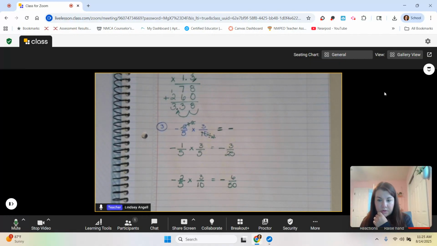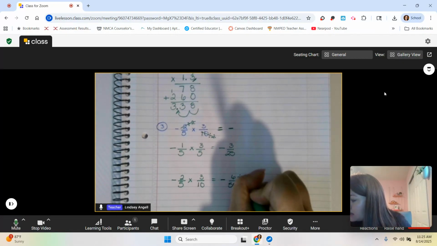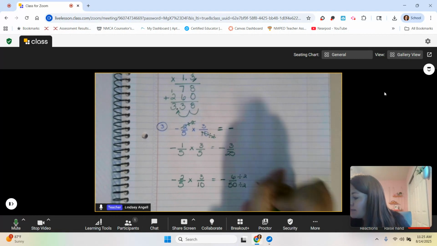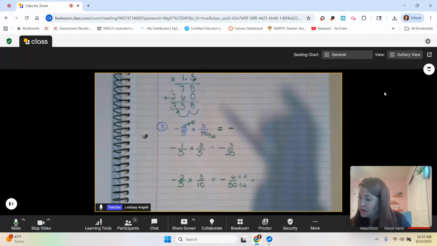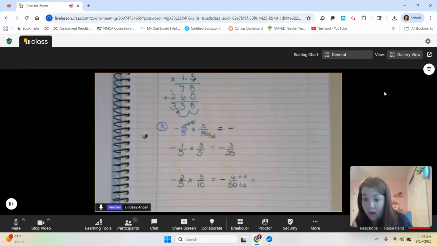Well, now, hopefully there's like red flags or sirens going off in your brain saying, ooh, 6 and 50 have something in common. They're both even numbers, which means they could both be divided by 2. And by dividing both of them by 2, it's really like dividing by 2 over 2, which is equal to 1.